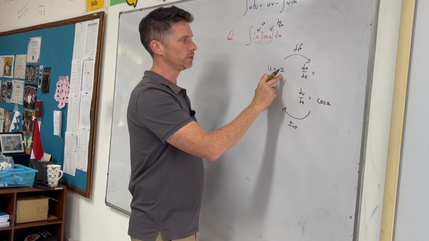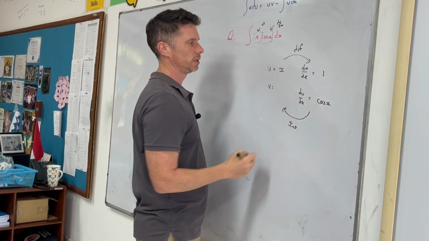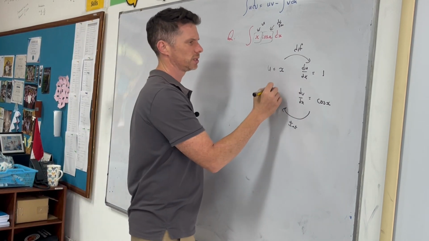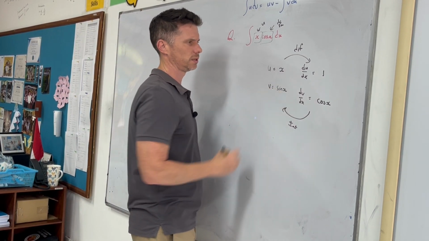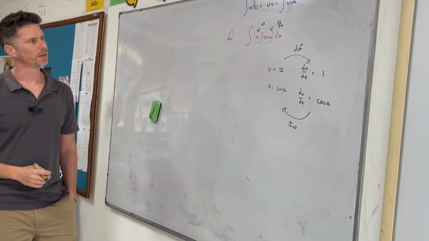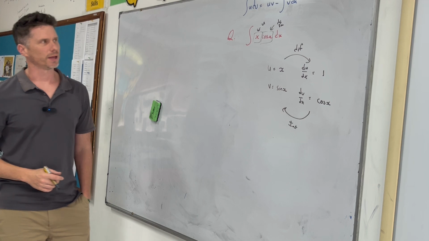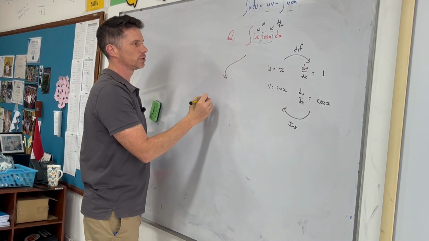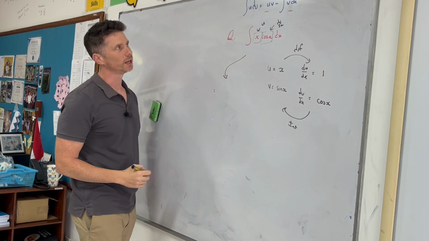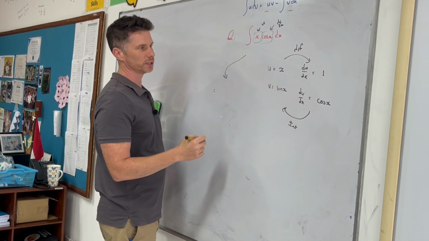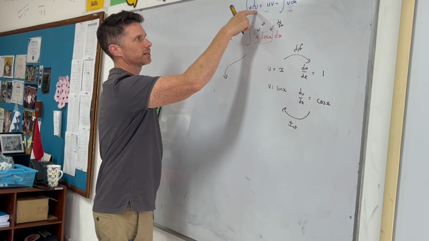So the derivative of x is 1, and the integral of cosine x is, isn't it just positive sine? Yeah, positive sine. Okay, and then we fill in the formula. If you're wondering where the dx went here, they end up cancelling out.